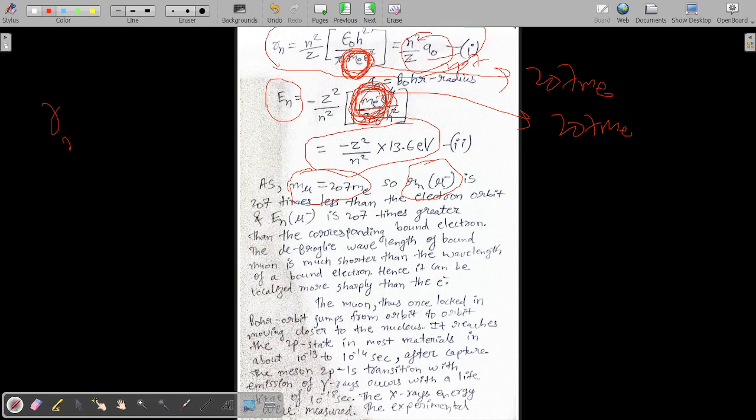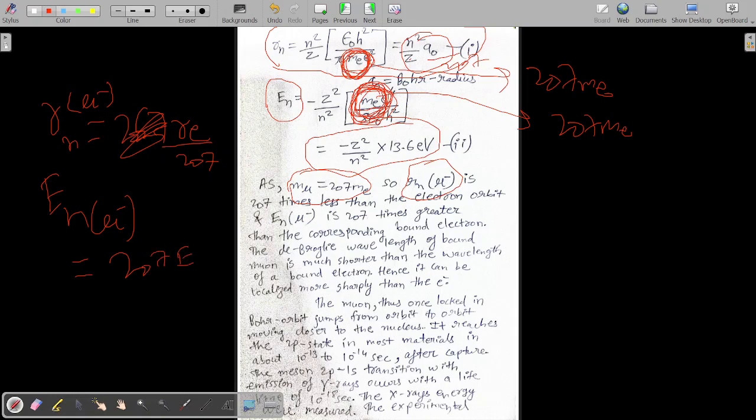So Rn will be 207 times less than the radius in case of electron, and En, in case of mu minus meson, will be 207 times the energy of nth orbit in case of an electron. Okay, so it is like that.